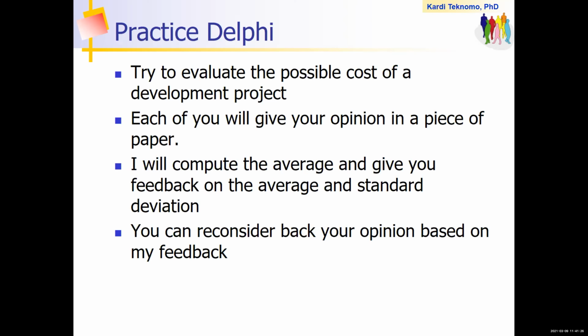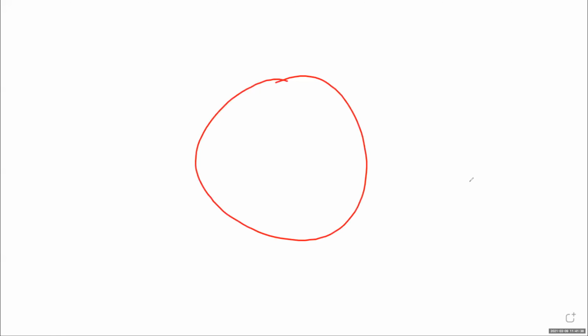So I will show you the whiteboard here. So say this is your goal. Okay. Delphi method can give you this place, which is far away from the goal, right? So you will think the goal is in here. Can you see it?